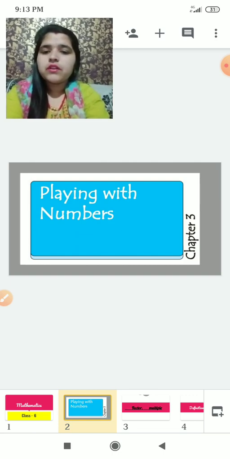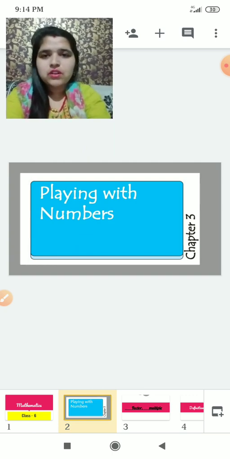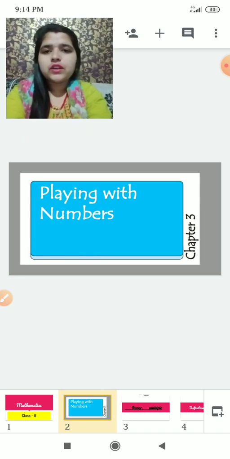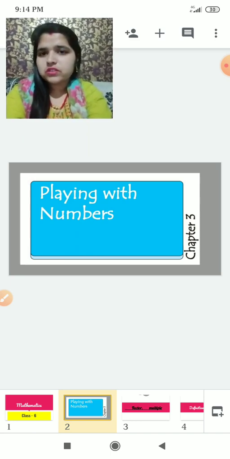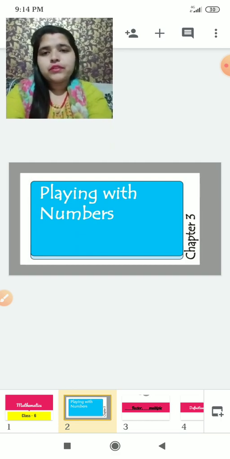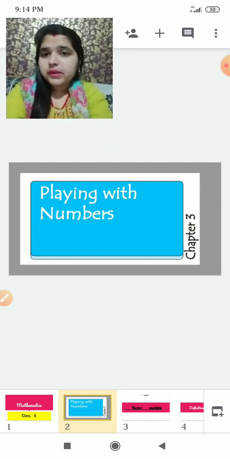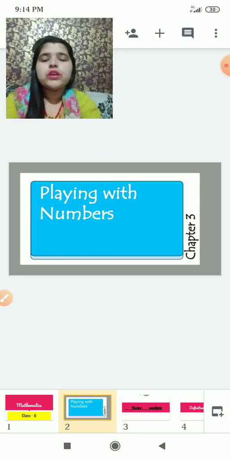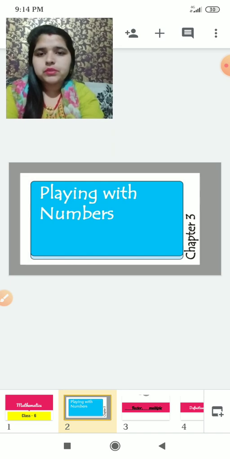It means we have to play with numbers in this chapter. The heading is very interesting. When we play with the numbers, then only mathematics will be formed. So today we are going to start this chapter.